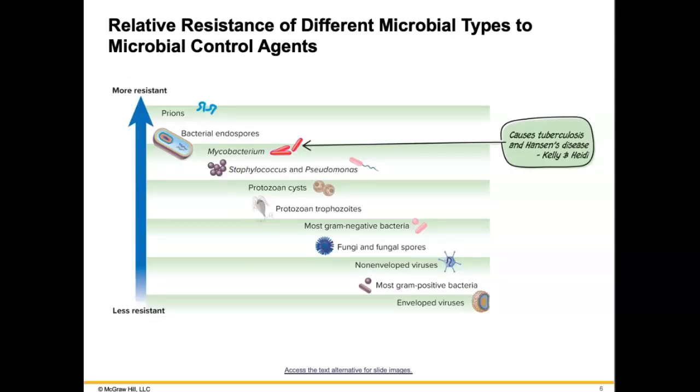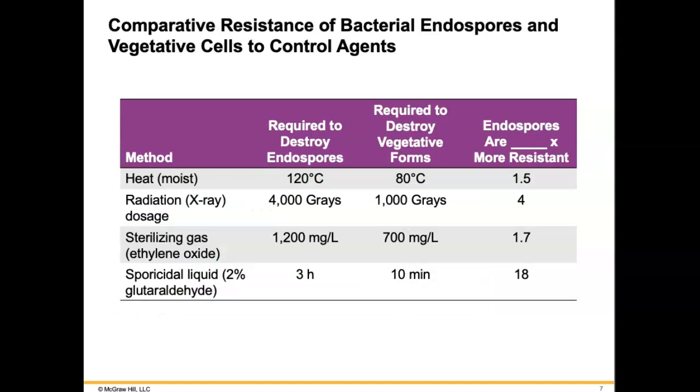Okay, just a nice little picture there for you to take a look at. We're going to hit this later too, but you can see that this shows how resistant endospores are in comparison to vegetative forms. The temperature required to kill endospores with moist heat is 120 degrees Celsius, required to kill vegetative forms is 80 degrees Celsius.